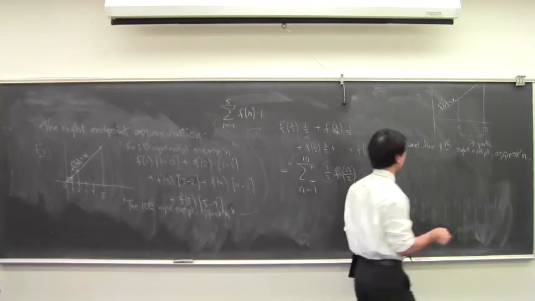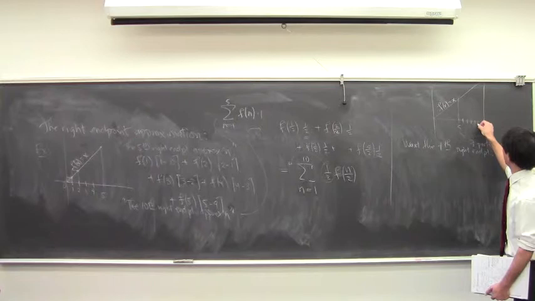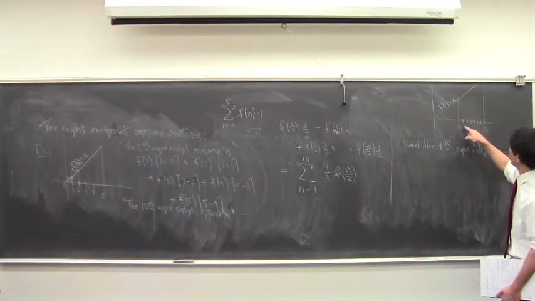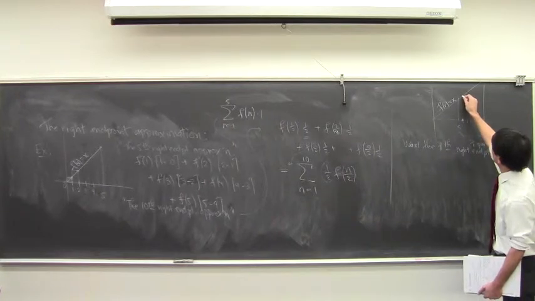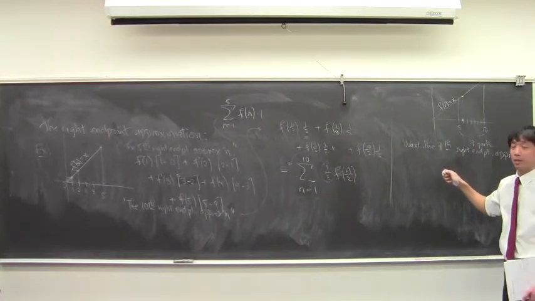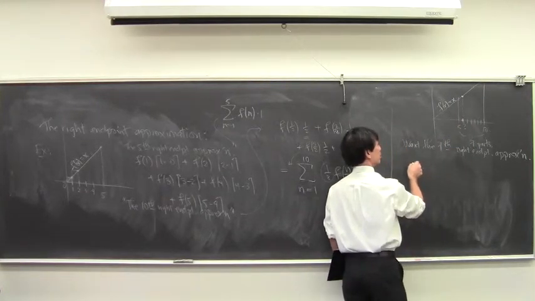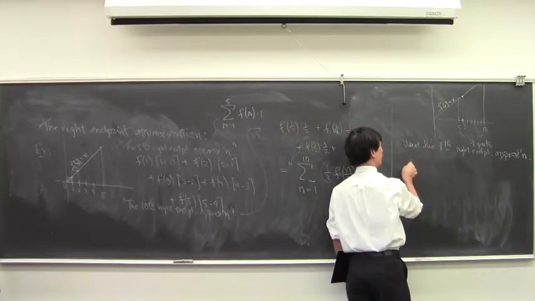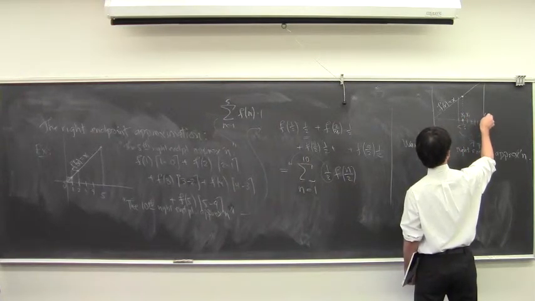Actually, let's do it together. So there's going to be 7 pieces, 1, 2, 3, 4, 5, 6, 7, right? And we're going to evaluate it at this right endpoint here, right? So what is that point? We're going to have f of, let's just call these x1, x2, through x7.